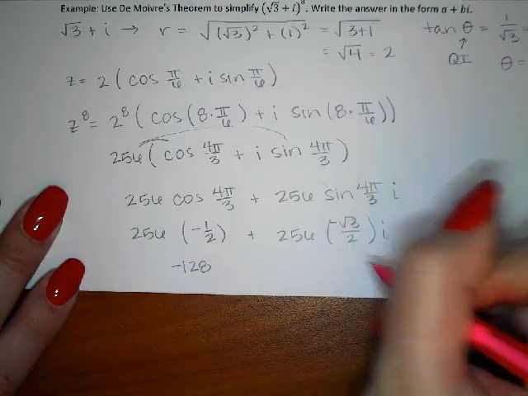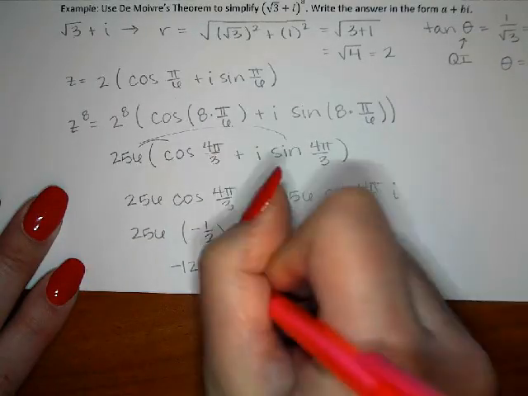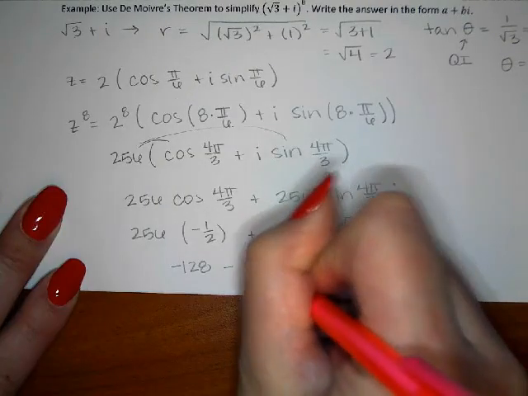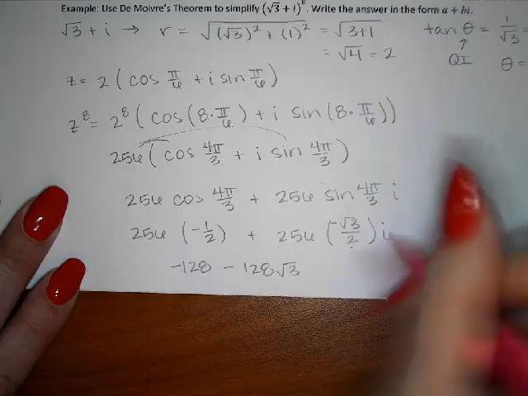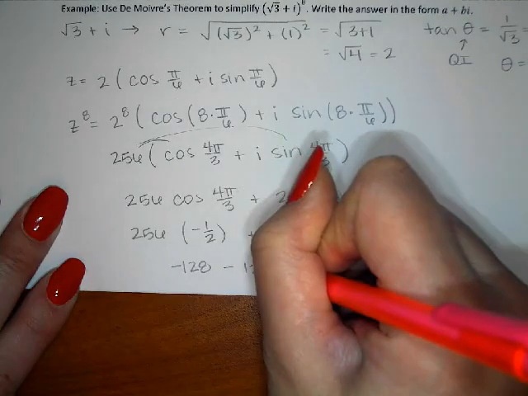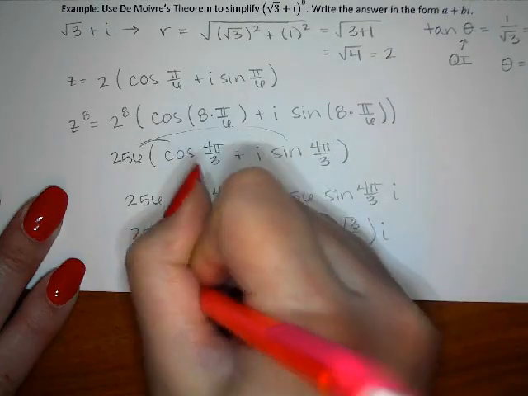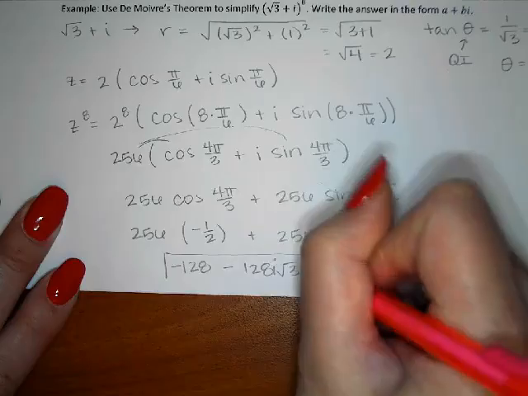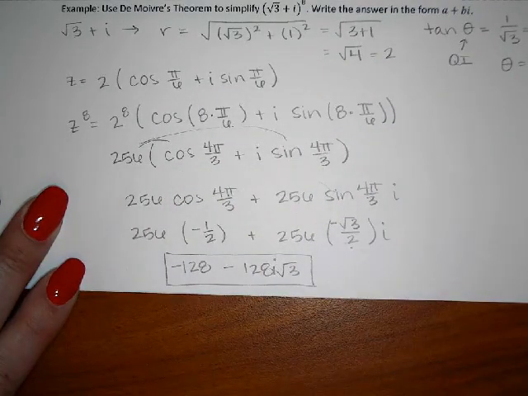And then 256 divided by 2 is 128 again. So negative 128 root 3. And the i is always going to go in front of the square root. So 128 i square root 3. There's our complex number written in the a plus bi form.